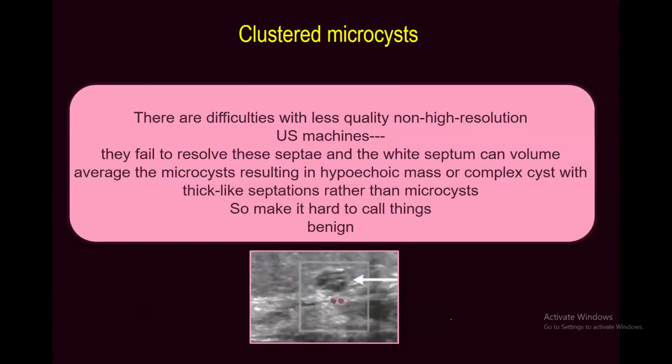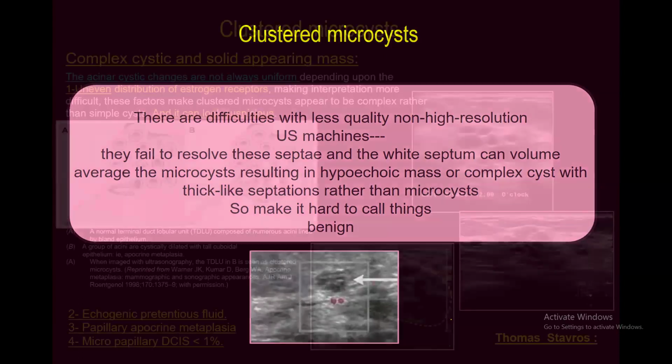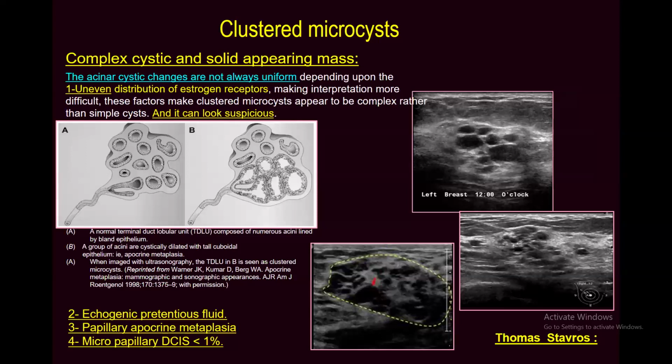And we have some problems with lower quality, non-high-resolution machines, so we might have difficulty resolving the septations of the cyst, and it might appear to be a hypoechoic lesion rather than a small microcyst, making it difficult to call it a benign lesion.